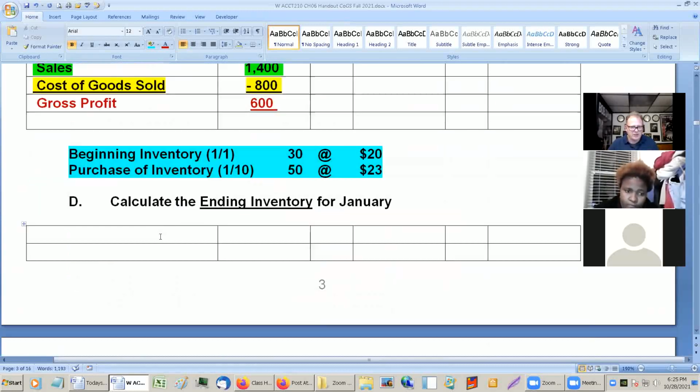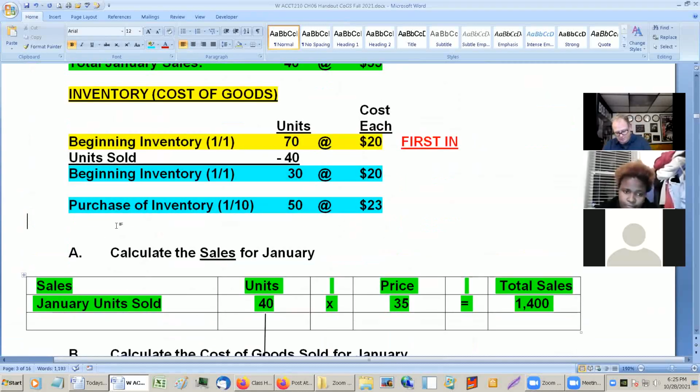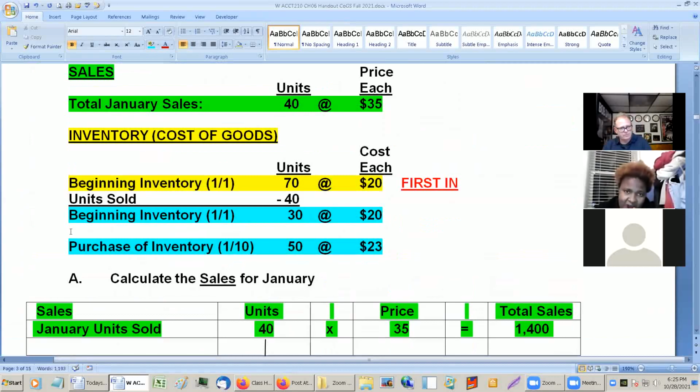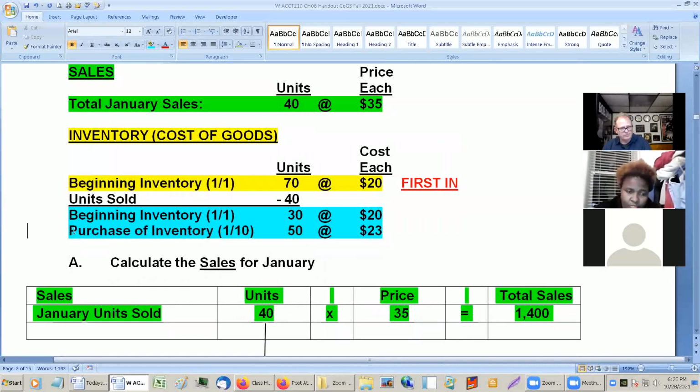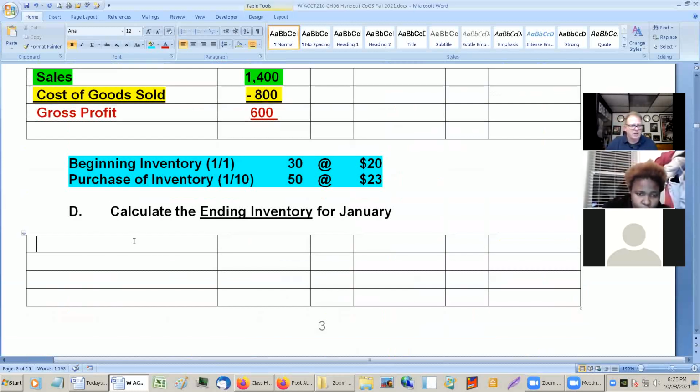Put it together, I guess. Just getting a little room down here so it'll fit. Okay. So our ending inventory. Units.